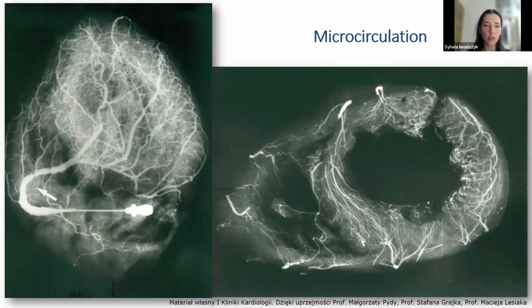Please let's look at these pictures. In this one we can see the whole coronary circulation, including microcirculation, and there is no doubt that this is a very important part of coronary circulation, as you can see, and it's associated with myocardial supplying for sure.